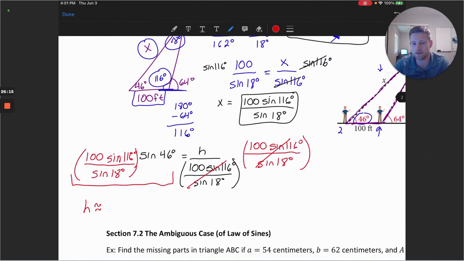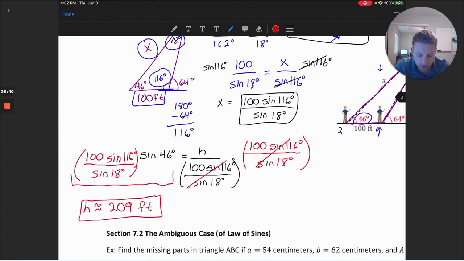This is in degrees in your calculator. You will end up getting approximately 209. We'll just round to the nearest foot here. 209 feet. So it'll be like 209.22. And so that would be the height for us.